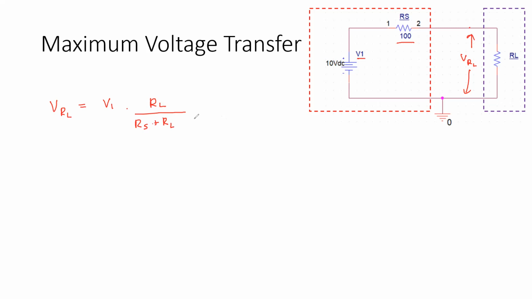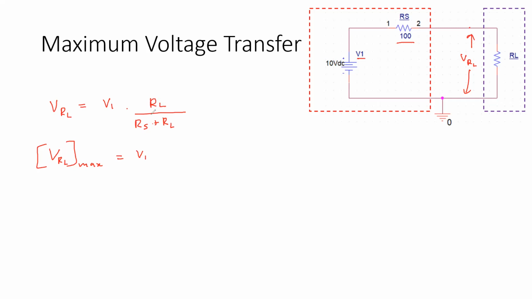Next we need to find the condition to be satisfied in order to get the maximum value of VRL. V1 is a fixed value, so we can't touch that. The only thing we can change is over here.